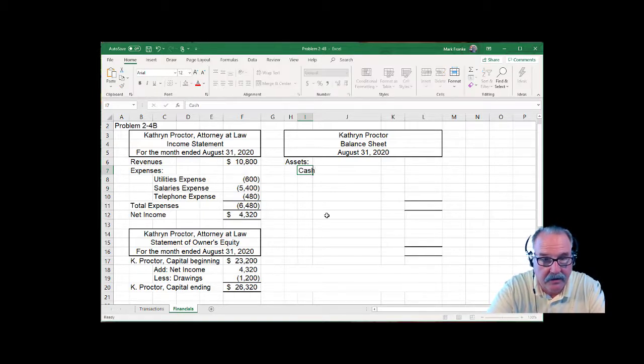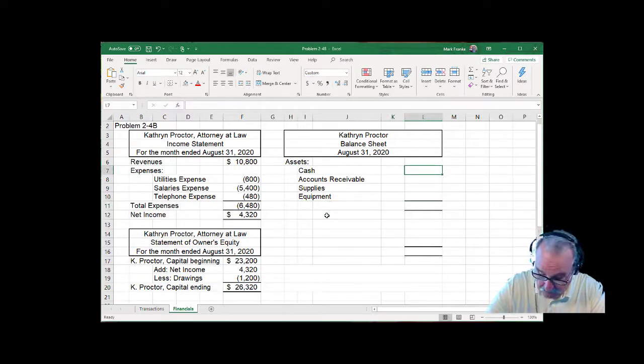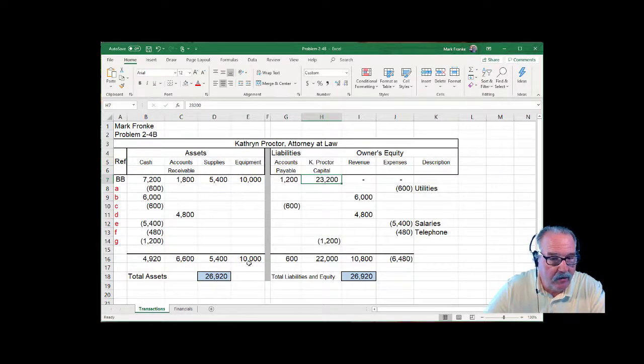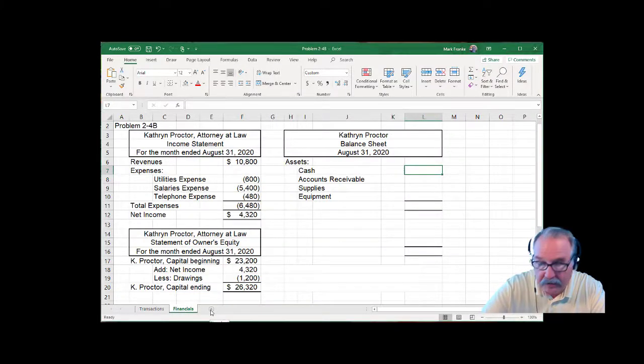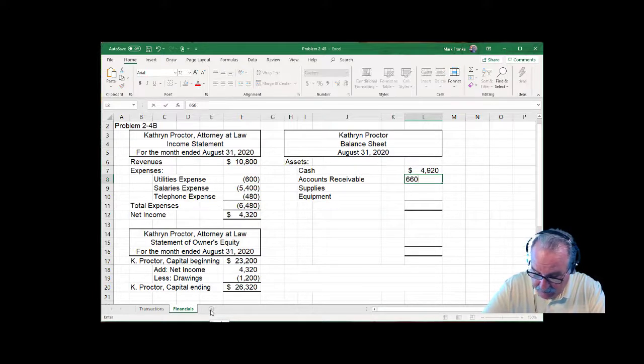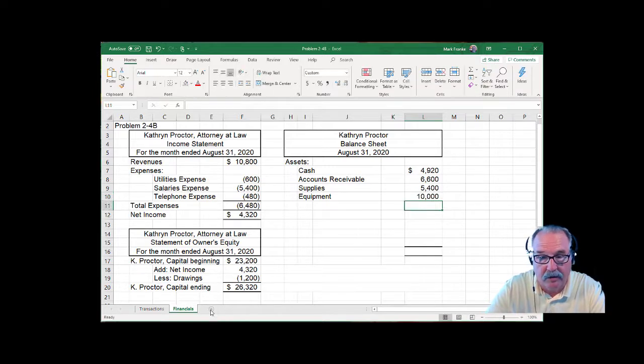We have cash, accounts receivable, okay, Mark. Accounts receivable is money that customers owe us. We have some supplies, and we have some equipment. So if I go over to the transaction schedule, I'm just going to pick up the totals from each one of these, and I know $26,920 is the total. So I've got $4,920 in cash, $6,600 in accounts receivable, $5,400 in supplies, and $10,000 in equipment.